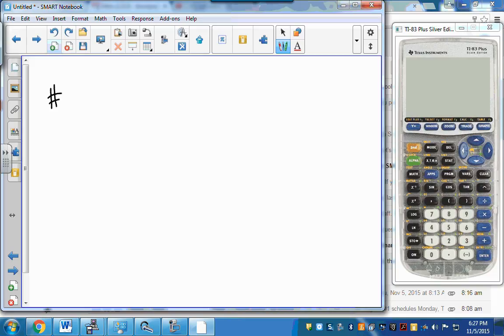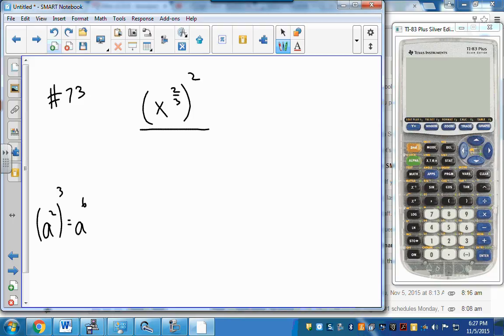73, we've got x to the 2/3, and that's squared. So think about, again, if you had a squared cubed, aren't you supposed to multiply? Okay, so we're going to be multiplying these together. And then on the bottom, we've got x squared, and that's raised to the 7/3.